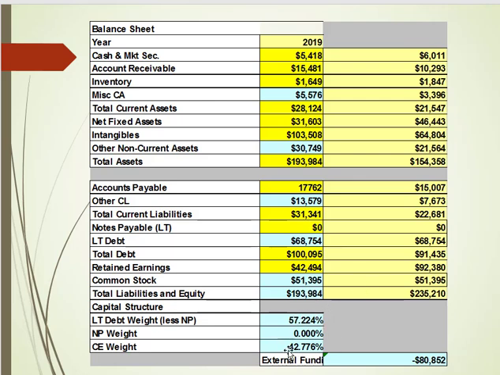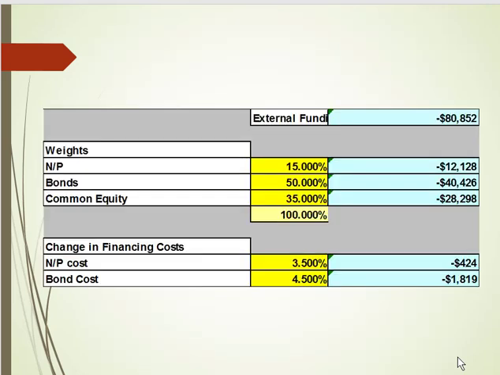And this ratio tells us how we've done that historically. Historically, 57% is long-term debt, 42% is common equity. We need to do something with this $80,000. So we're going to pay off our debt backwards, if you will, pay it back with this $80,000 extra dollars.